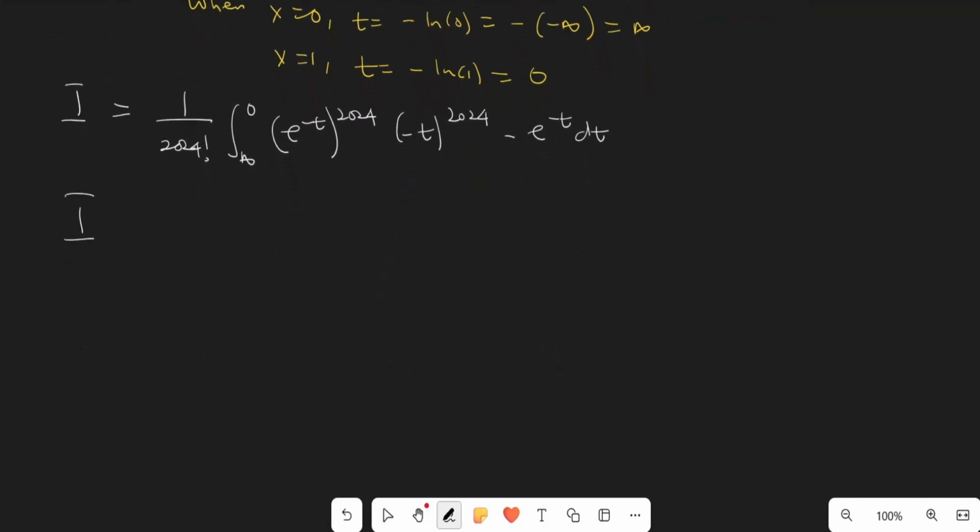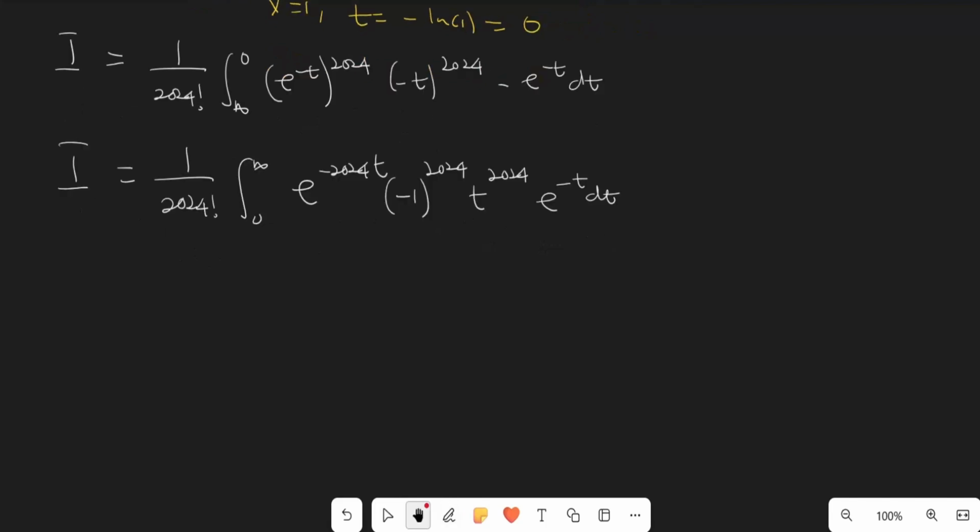Our integral is now in the t world. So this negative, I am going to switch the limits, and that will nullify the negative. So the integral is now from 0 to infinity. And now this is e to the negative 2024 t. And then this negative t raised to the power 2024 can be written as negative 1 raised to the power 2024, and then t raised to the power 2024, just using the laws of indices. And this is e raised to the power negative t dt.